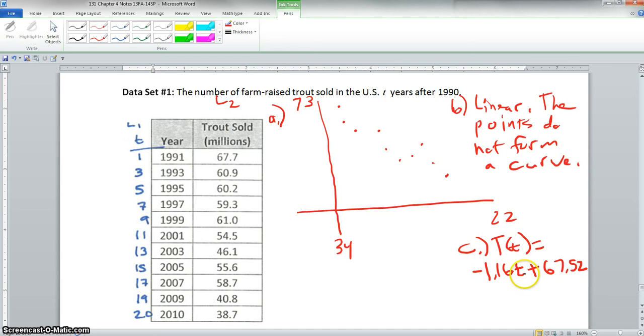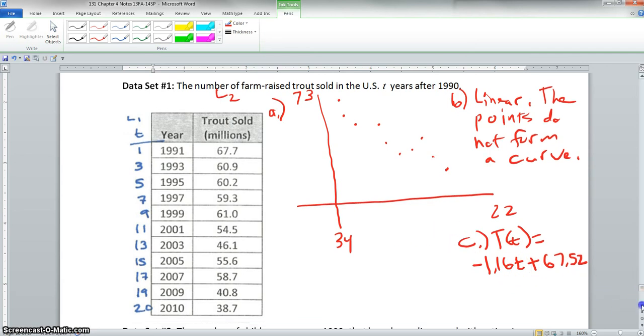Okay, now we have to tell what our m and b mean.